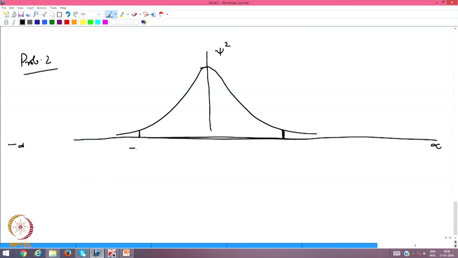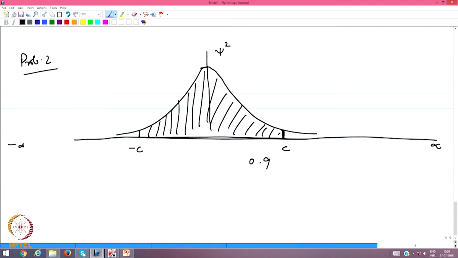This is minus some c, this is plus c, such that the area here is 0.9.